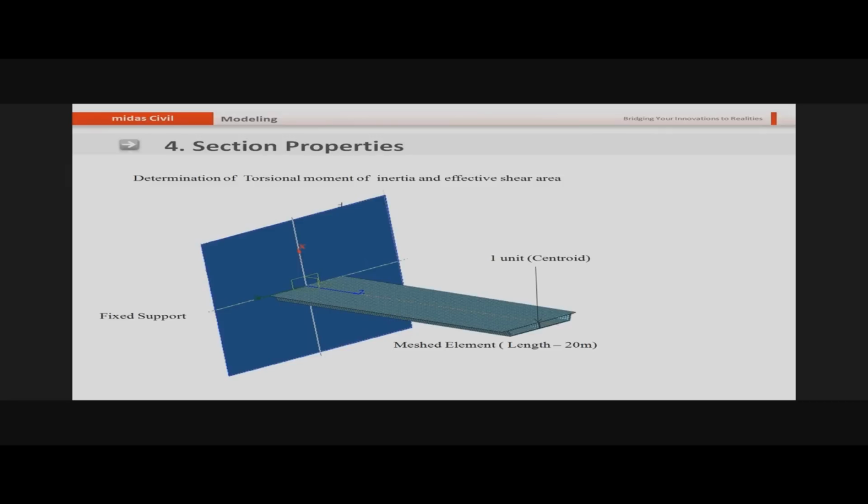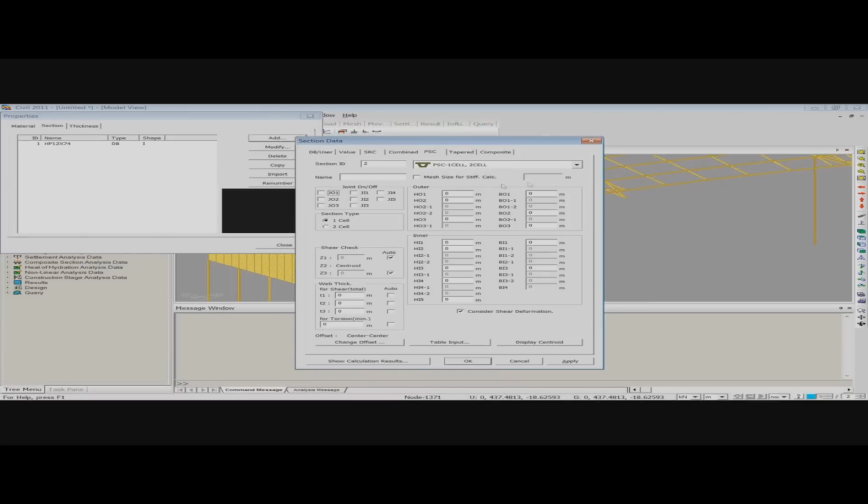So if the torsional moment of inertia is not as per your expectations, you can change the mesh size and the torsional moment of inertia will be changed. If you are not happy with the torsional moment of inertia calculated by Midas Civil, you can change the mesh size manually and you can try to move the torsional moment of inertia as per your needs.